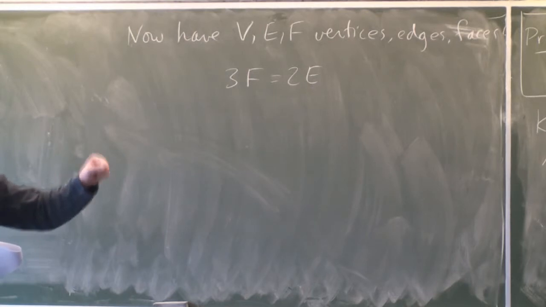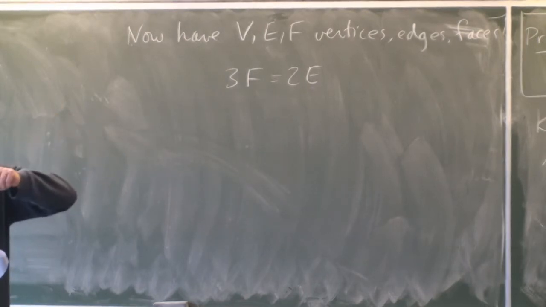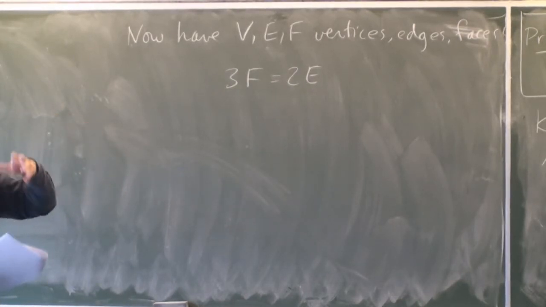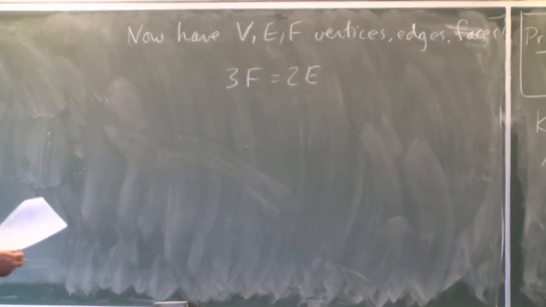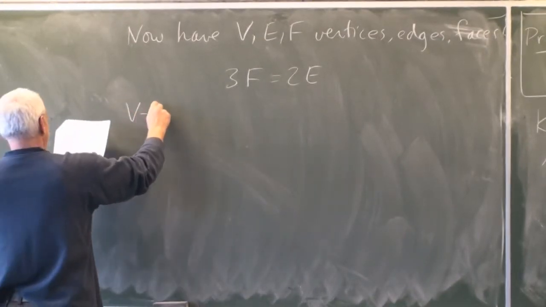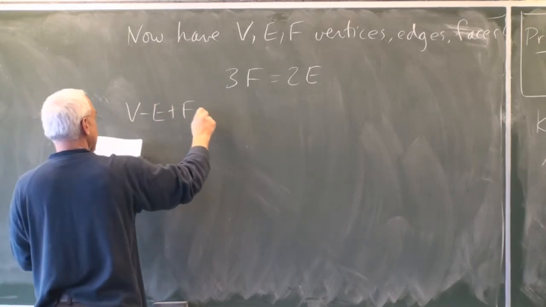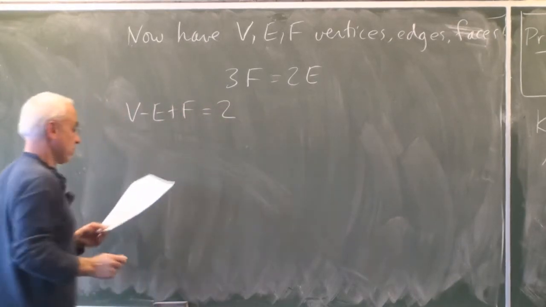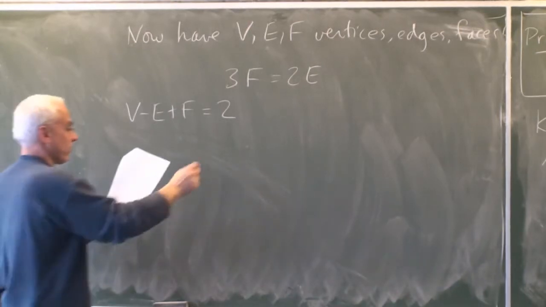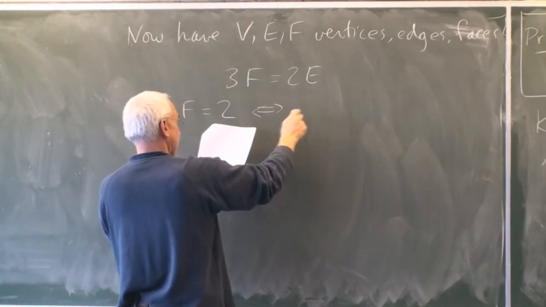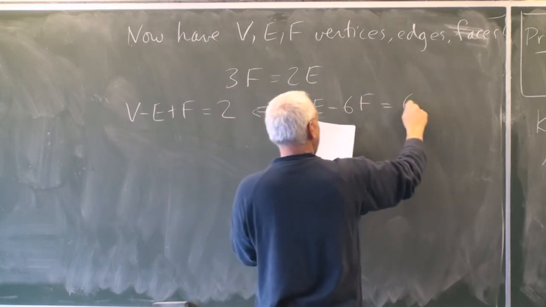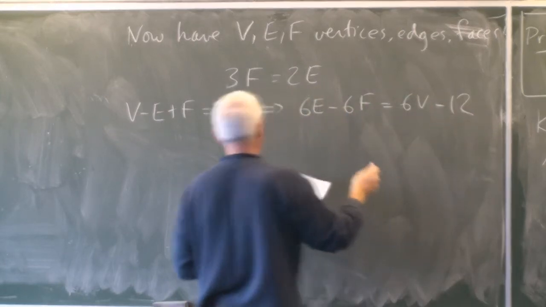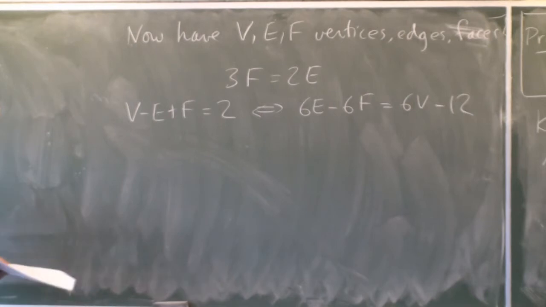Counting edges, each face gives 3 edges, so if you count them all that way, you get 2 times the number of edges. And of course we know Euler's formula, V minus E plus F equals 2, which we'll rewrite for convenience as 6E minus 6F equals 6V minus 12. I'm just multiplying by 6 and rearranging.